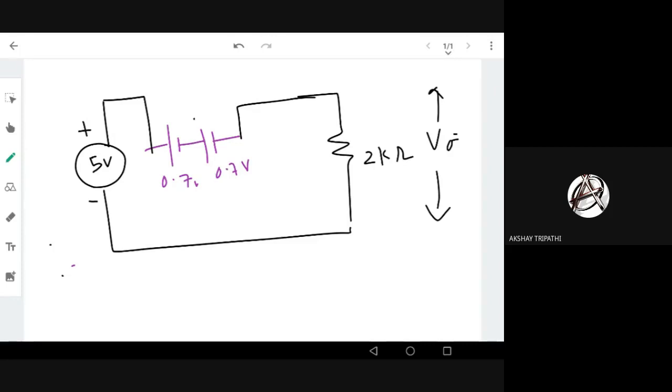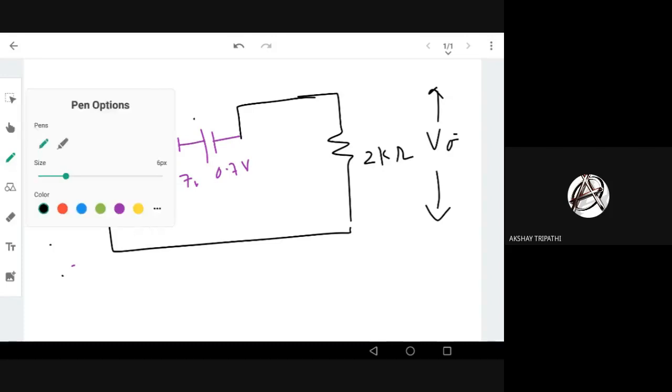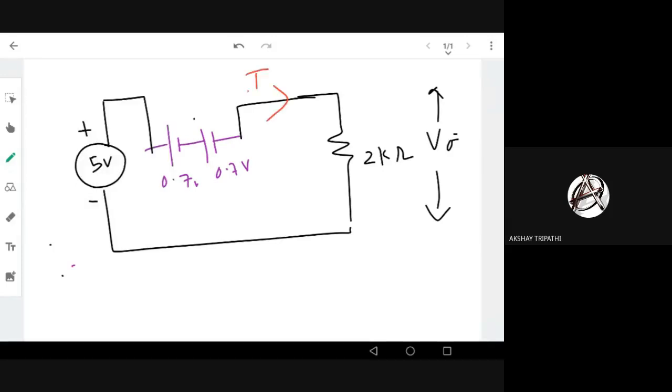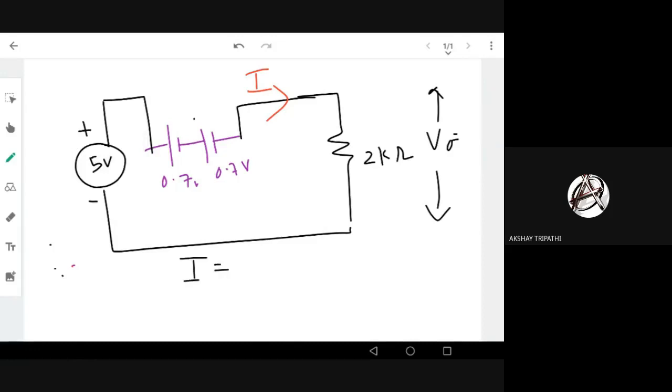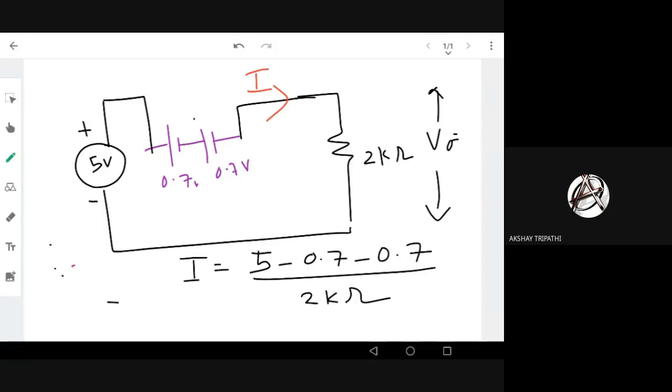Now what is the current here? Can you find the current here? The current is I equals the source voltage V minus 0.7 minus 0.7, divided by the resistance, which is 2 kilo ohm. So 0.7 plus 0.7 is 1.4, which gives 3.6 divided by 2 kilo ohm.